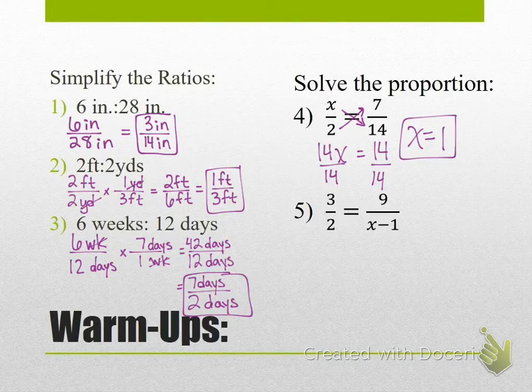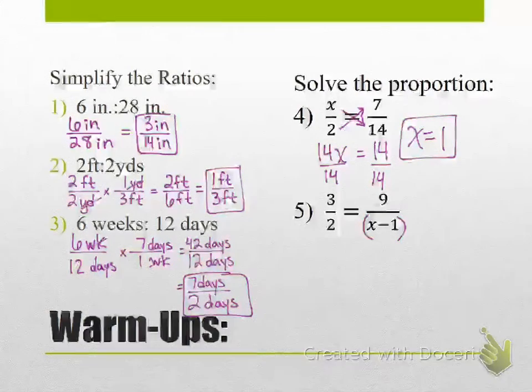Number 5 is a little bit more challenging. What symbols would I recommend you putting in right away? Parentheses. Now, whether you do it right here or you wait until you take your cross product, that's fine. But we need parentheses in there so that we remember to do what? Distribute.